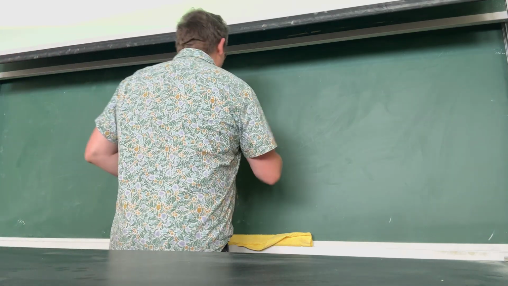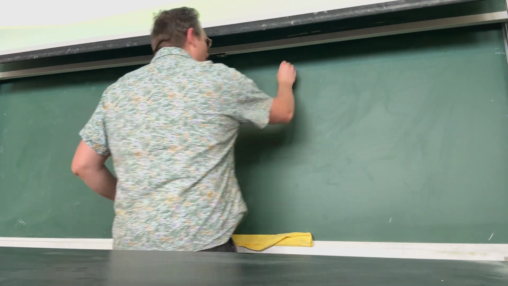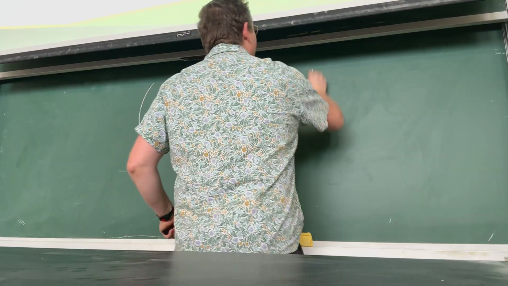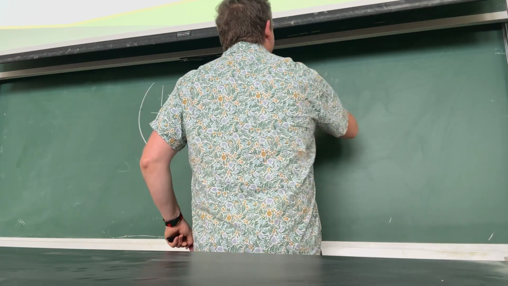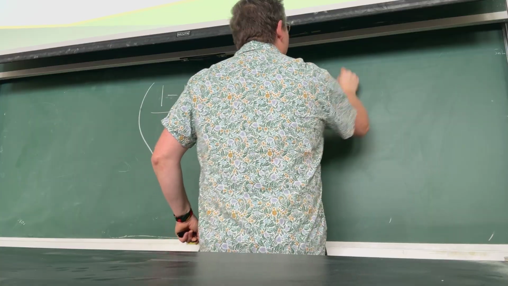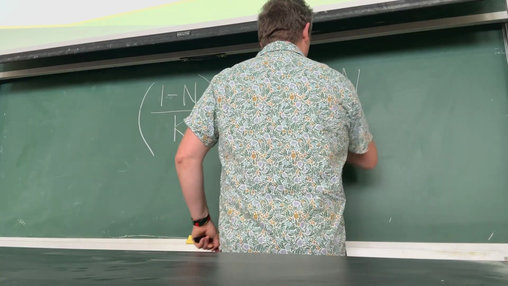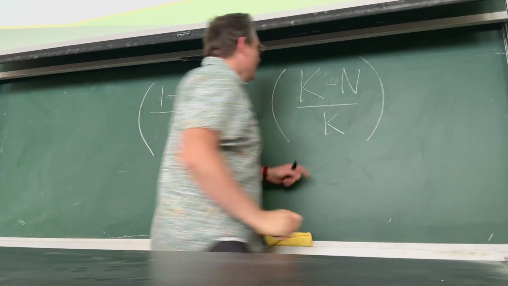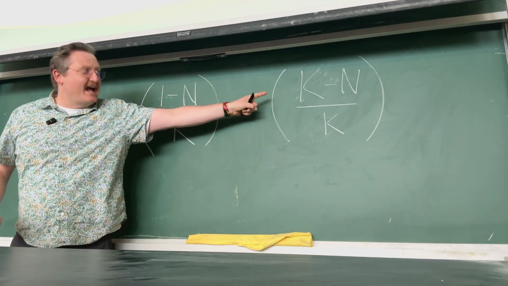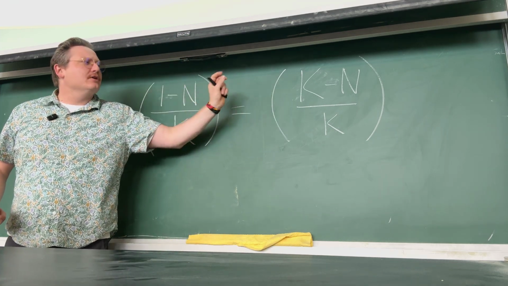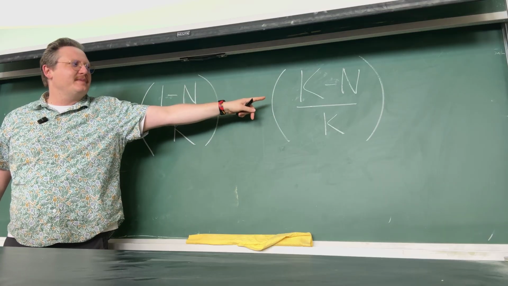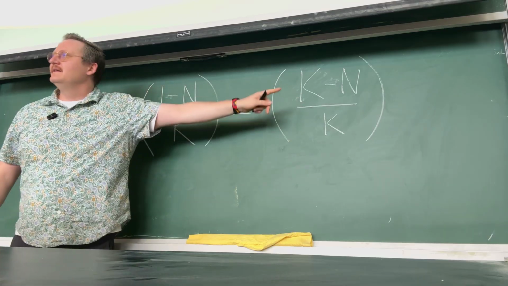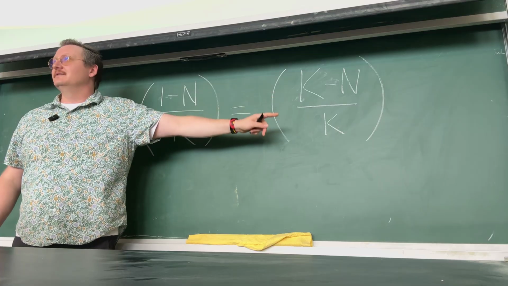There's another form of it used, which is K minus N over K, because if N is higher, it needs to become negative. This form more clearly shows that as the population size gets closer to the carrying capacity, this whole term gets lower and lower.